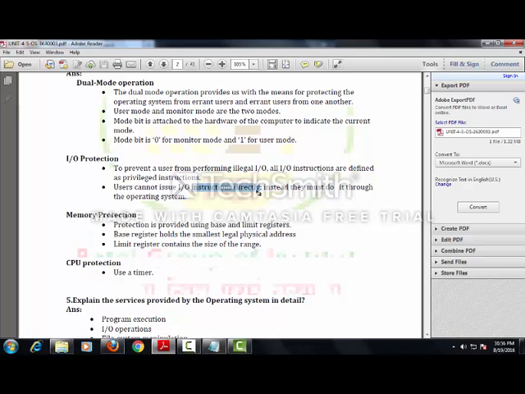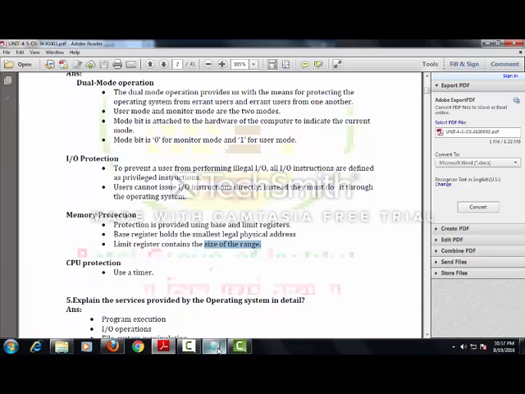The limit register is very important. It tells the size of the range, meaning the number of bytes. So to protect the memory, the operating system provides two different registers: first is base and second is limit. The base register holds the smallest legal physical address. The limit register contains the size of the range.